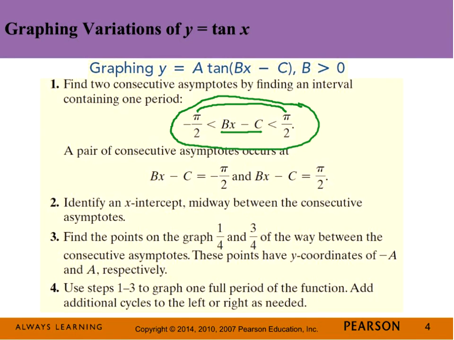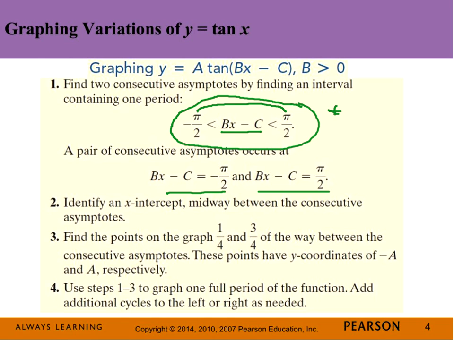You can either solve this inequality as is, doing whatever you do to the center to both other sides, or you can split it up and solve it as two separate equations to find those asymptotes.